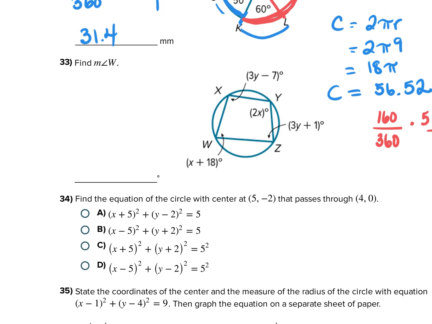Our last property has to do with a quadrilateral inscribed in a circle. Now, because we don't know if this is a parallelogram or what type of quadrilateral it is, everything is based off of inscribed angles and how the angle is half the inscribed arc.